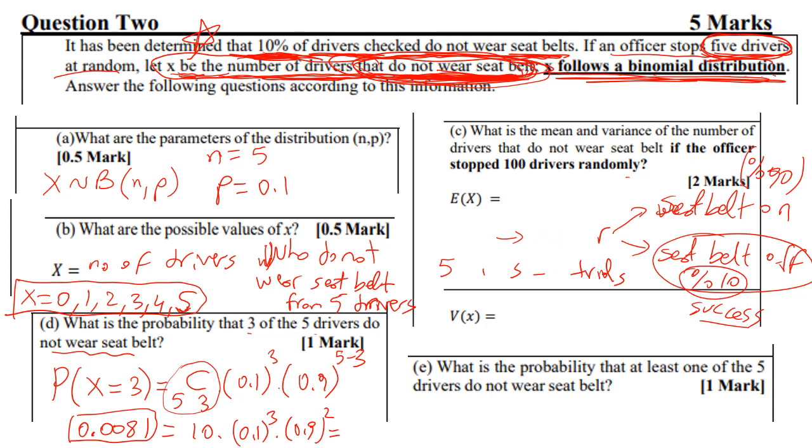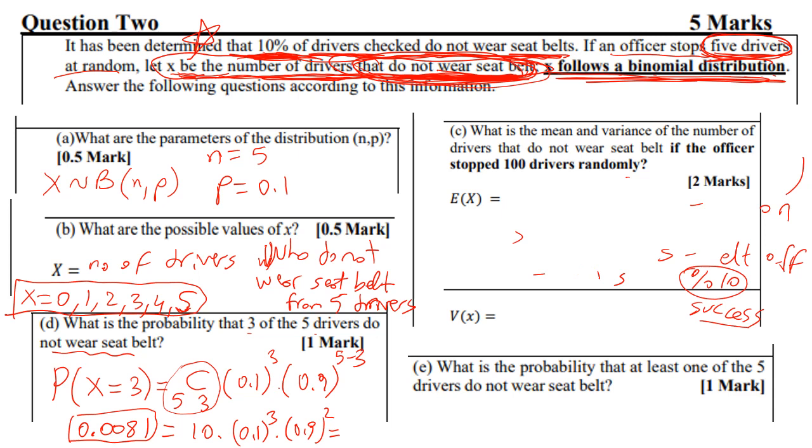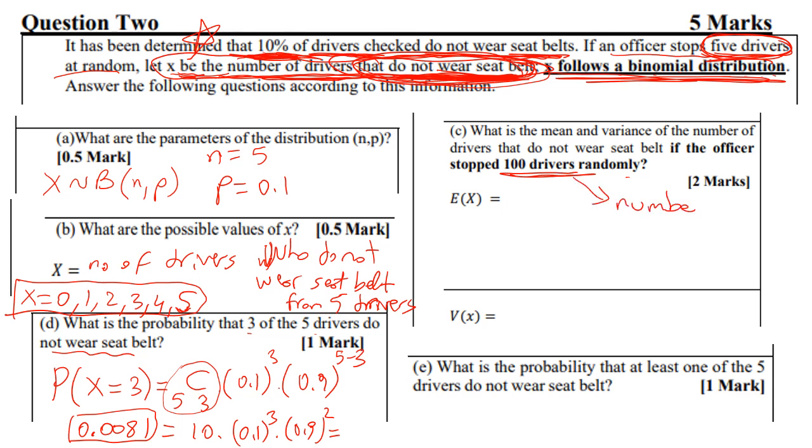What is the mean and the variance of the number of drivers who do not wear a seat belt if the officer stopped 100 drivers? When the number of drivers changes, the number of trials changes. It will be 100.